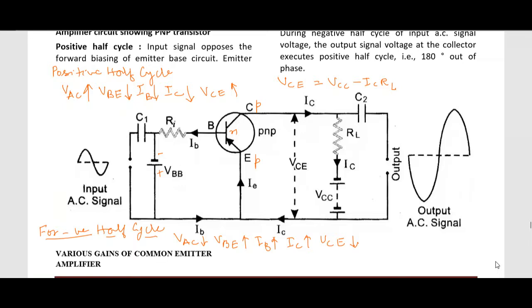So what is important is output is out of phase by 180 degree with input. This is important.